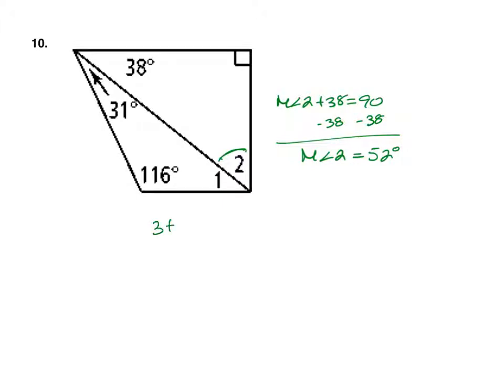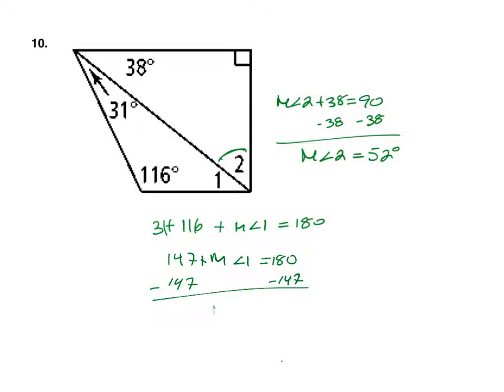And 31 plus 116 plus the measure of angle 1 equals 180. Now I'm working with this triangle down here. So 147 plus the measure of angle 1 equals 180, minus 147. So the measure of angle 1 equals 33 degrees.